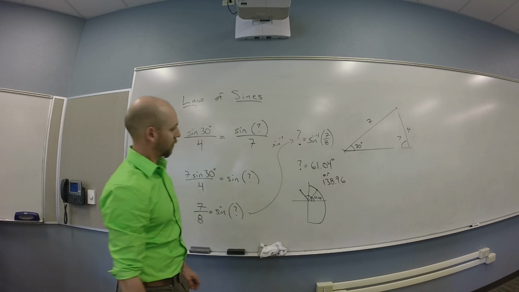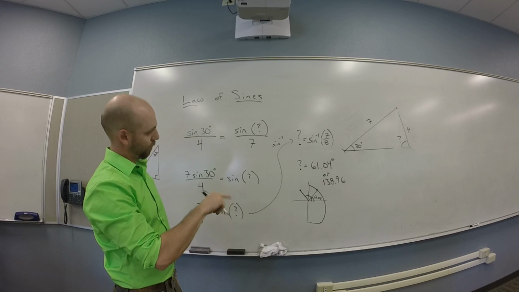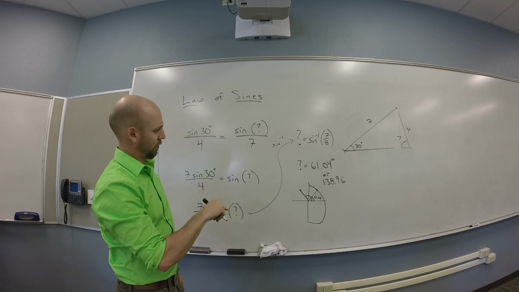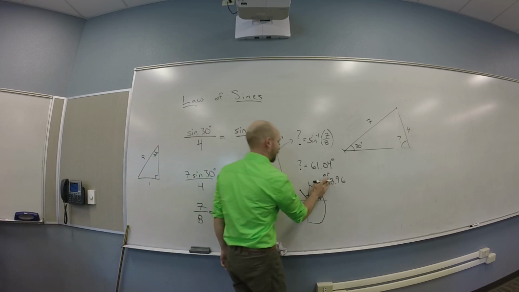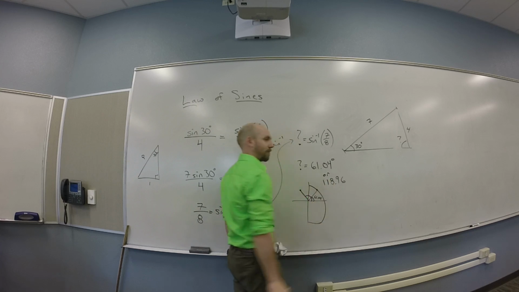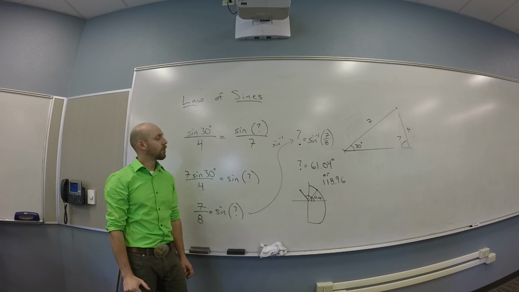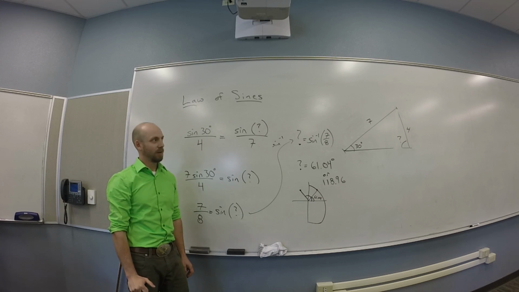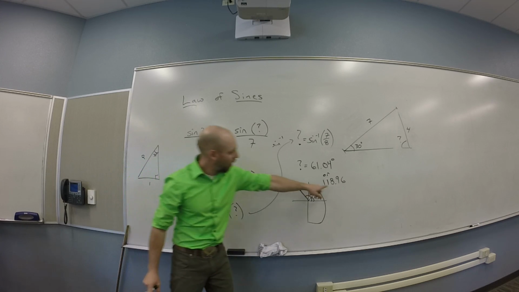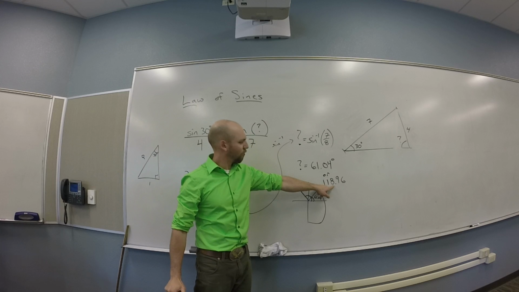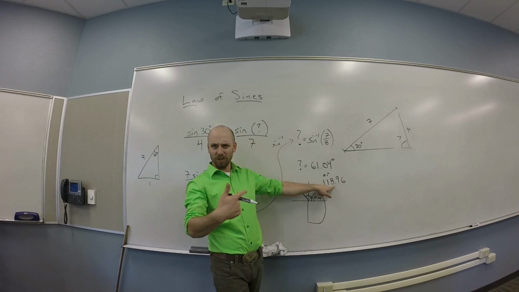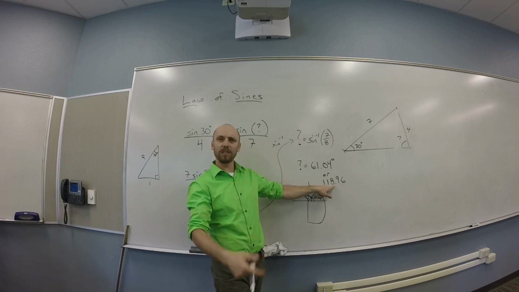Is that right? Why are you putting the 138 then? No, I know how you get it, but why are you putting the two angles on it? So why am I putting both angles in here? Because I'm thinking, hey, quick, punch into your calculator sine of 118.96.